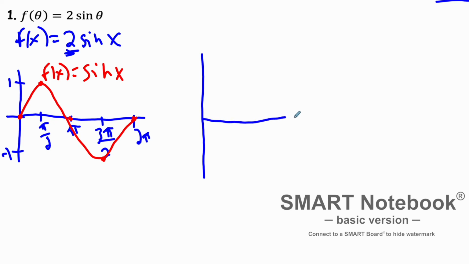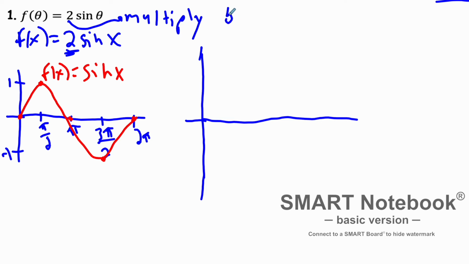Let's draw a coordinate plane again. I'm going to extend this over here a little bit, even though we're not using it. Now, that number out front means we're going to take these y coordinates and multiply by that number. So this number right here means we multiply y values.